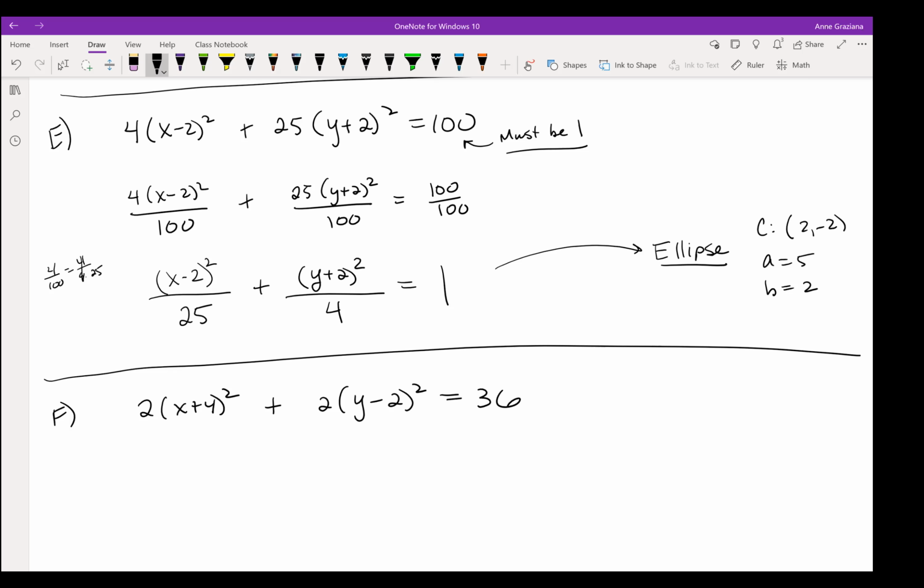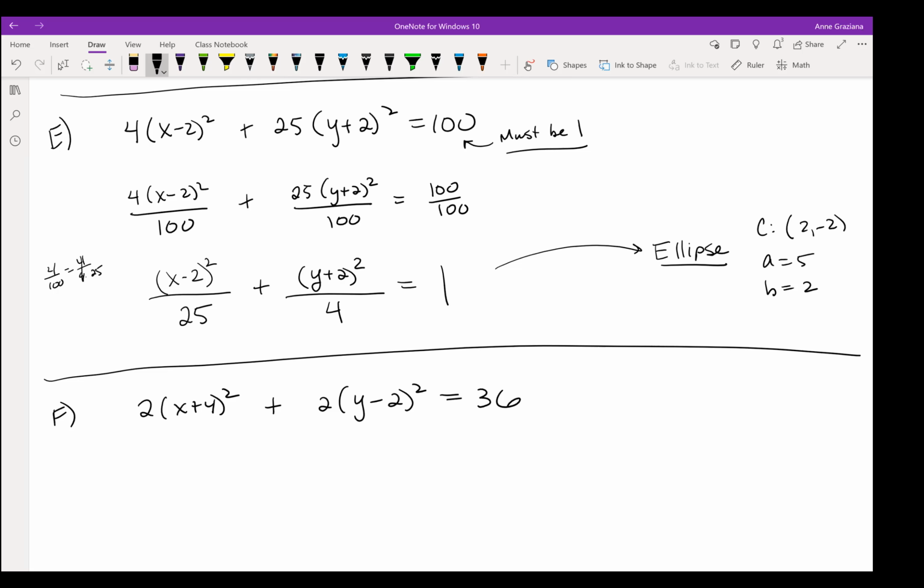Okay, got a couple circles, couple ellipses. People aren't quite sure. It looks like it's equal to something squared, but the problem is I have those 2's there.